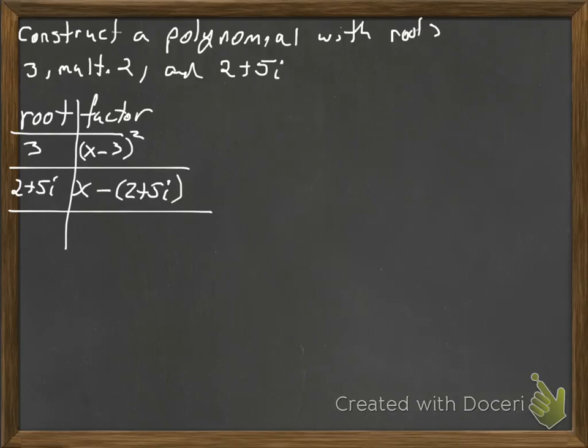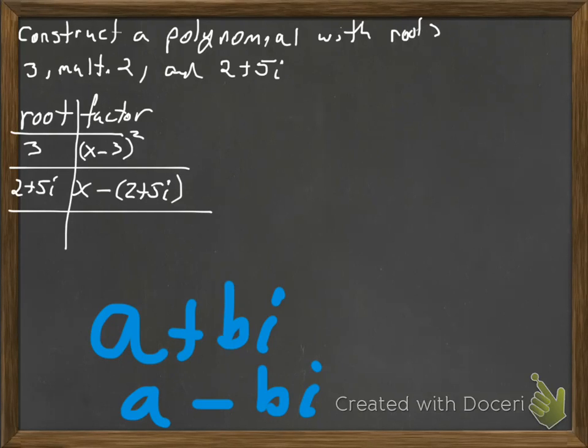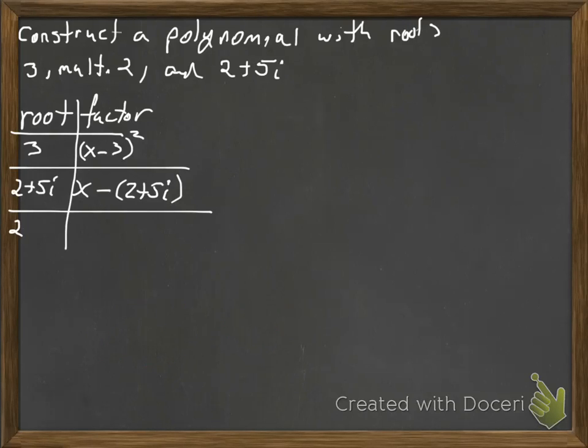And we also know that complex roots come in conjugate pairs. So if a plus bi is a root, then so is a minus bi. So our other root is going to be 2 minus 5i, and that'll give us 4 x's, so that we'll get a fourth degree polynomial. So the factor is x minus 2 minus 5i.